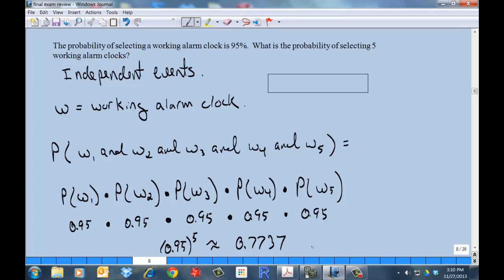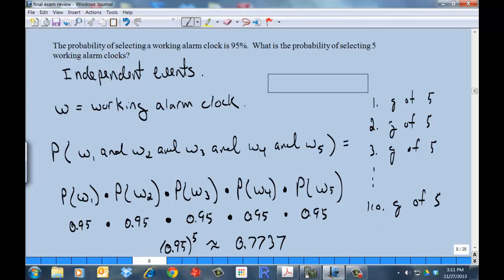And so what that means is if we select one group of 5, and then we select another group of 5, and then a third group of 5, and we do that 100 times, so we essentially have 100 groups of 5, then how many of these 100 groups of 5 would we observe the case where all 5 of the alarm clocks that we've selected would be working?